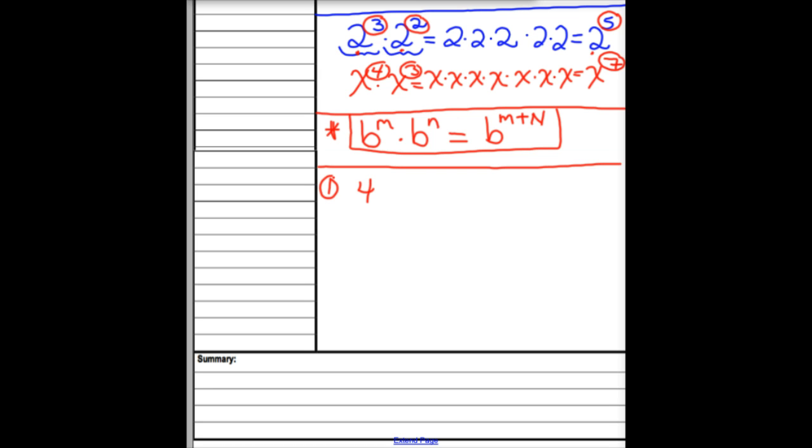If I just had 4 times 4 to the 5th, and I said write that with a single base, or to simplify it, first of all, you should put on the little invisible 1 on that first 4, because you really do have one of them. And we'd say that's 4. I keep the base. I don't multiply those. If I were to write it out, I'd see a whole bunch of 4's, not any 16's. I'd say that's 4 to the 1 plus 5, which is 4 to the 6th.